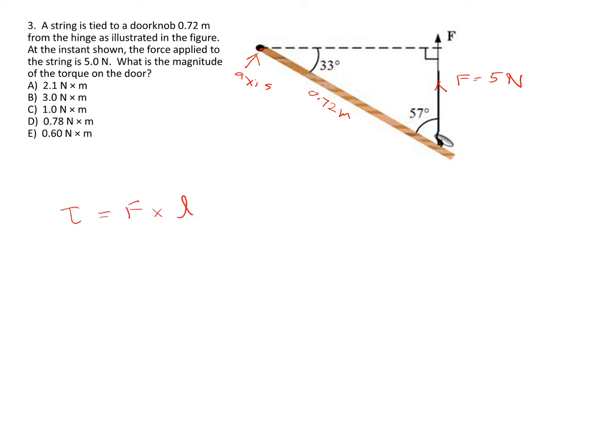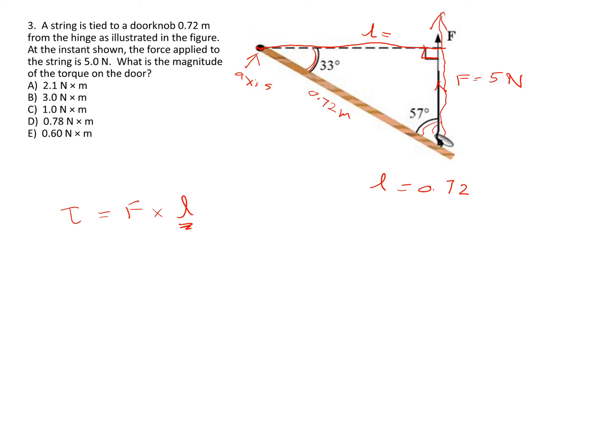Torque is force times lever arm. So how can you find the lever arm? You have to draw a line along the direction of the force, which is vertical, and from the axis of rotation you draw a perpendicular line, which is your L. If you know this distance, using sine or cosine you can get L. You can use this angle or that angle, it doesn't matter.